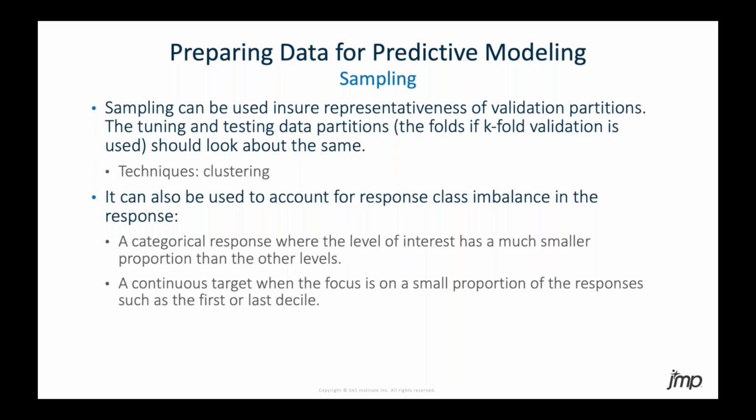If we go back to the direct marketing data set, we'll notice that of the 95,000 observations, only about 5% of the observations actually returned a donation. So very large class imbalance.